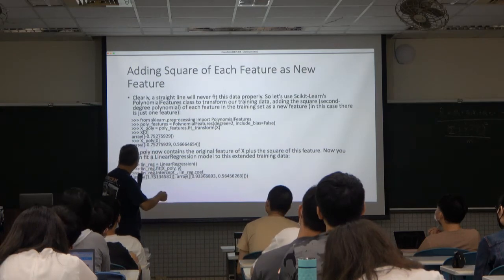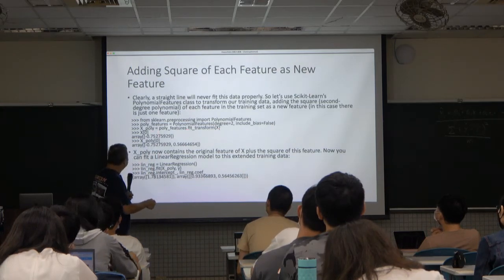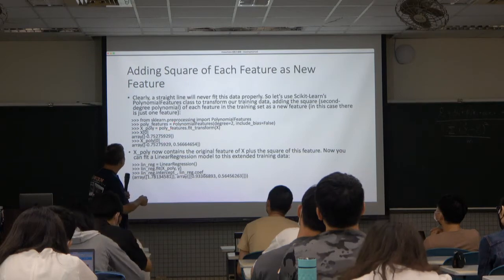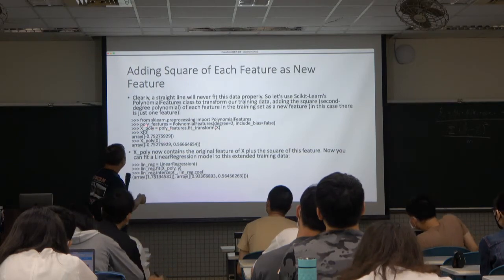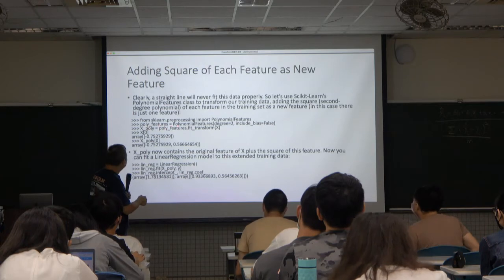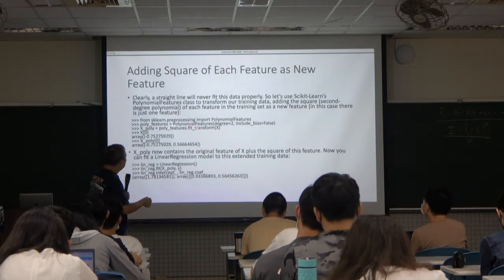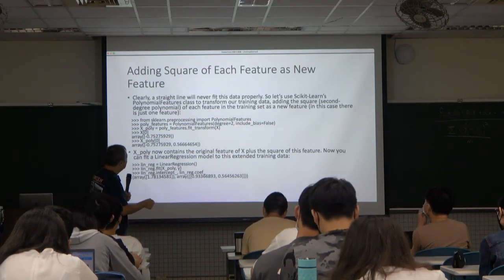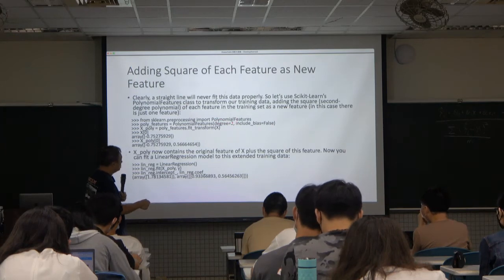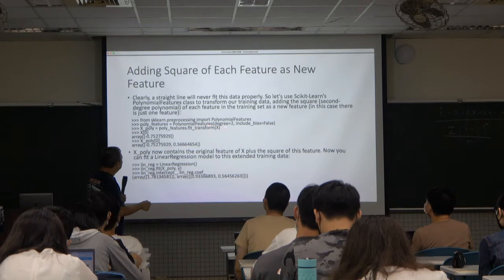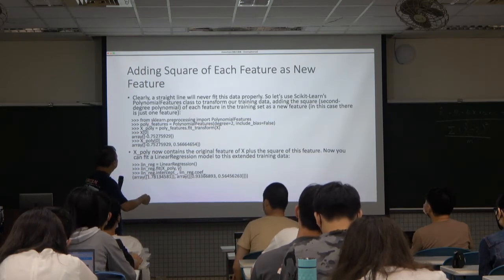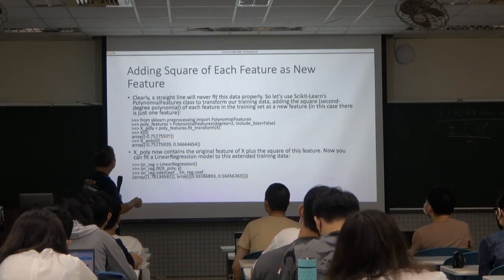That's it. Here we just use this polynomial feature class and assign degree 2 to include a second degree feature in the training set.